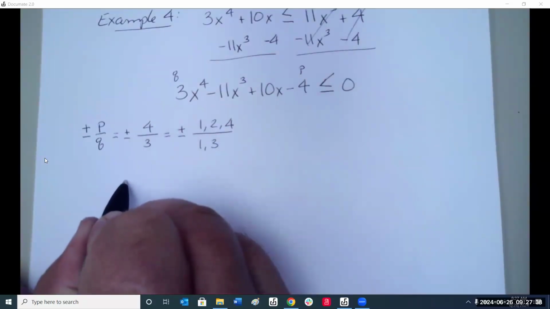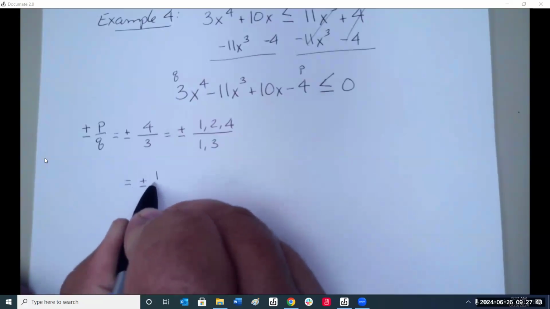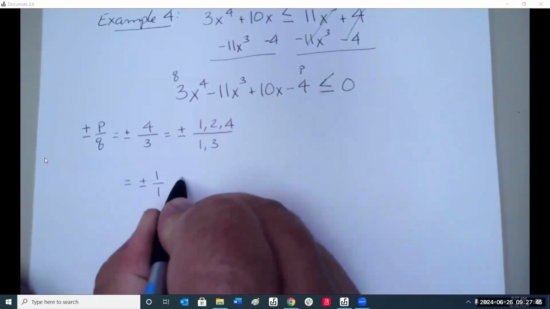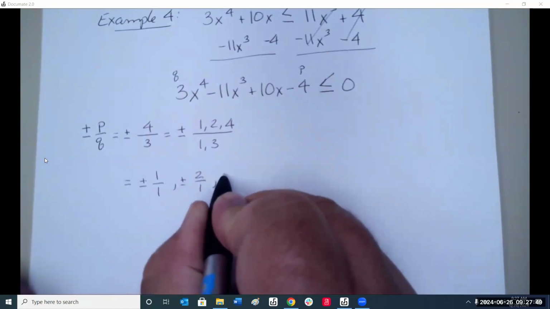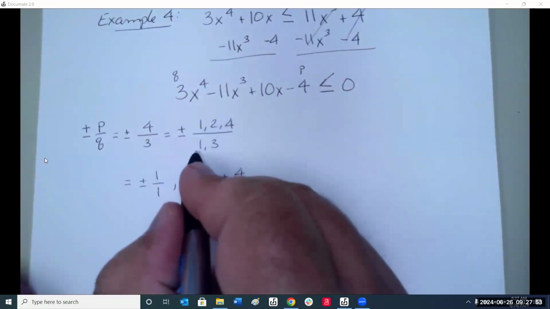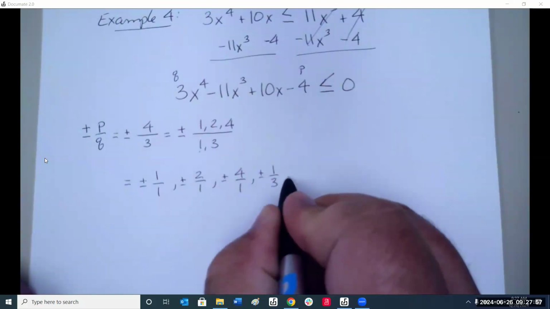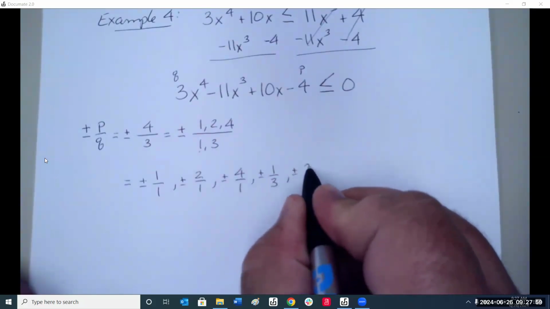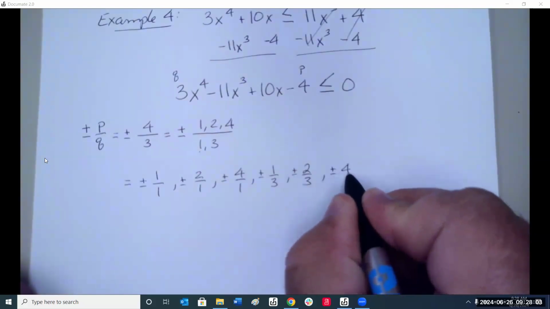So that means our possible answers are made up of 1/1, 2/1, 4/1. That's all of these over that one. Then 1/3, 2/3, and 4/3.